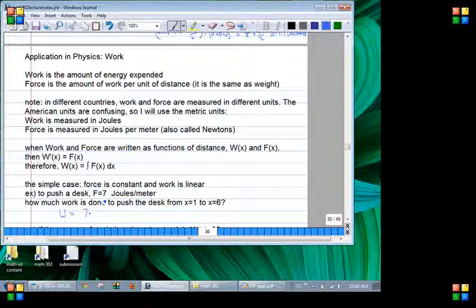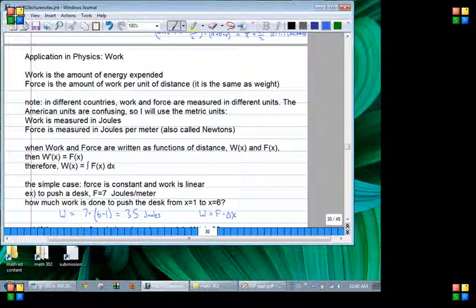The distance traveled: I started at 1 and I finished at 6, so it should be 6 minus 1, which is 5. And that's going to be the work, 35 joules. Notice that work equals force times the change in distance, which we're writing delta x.